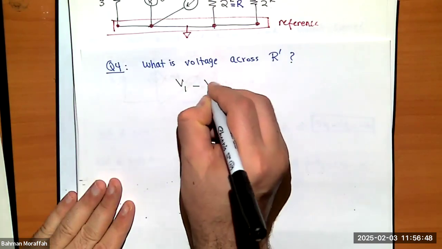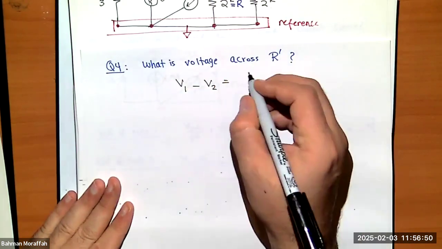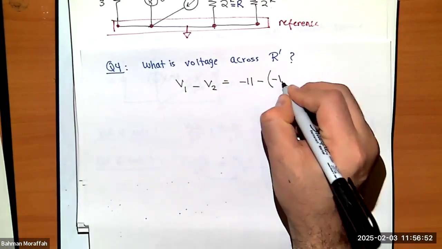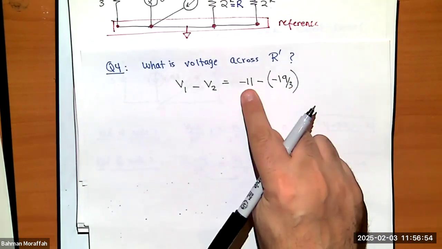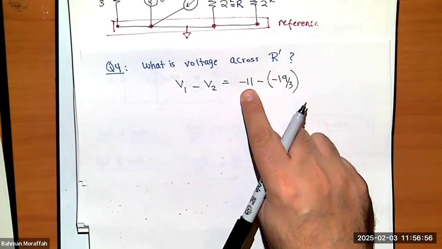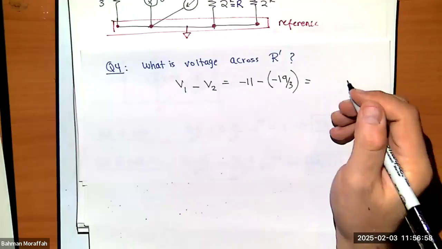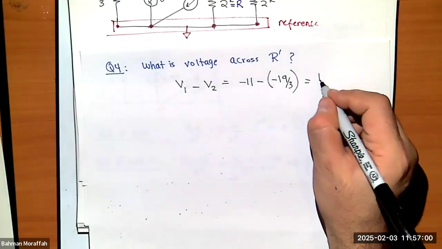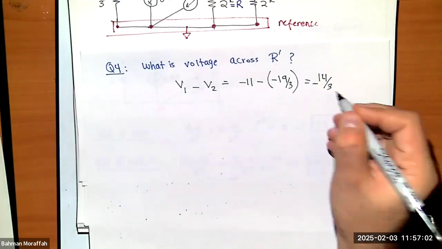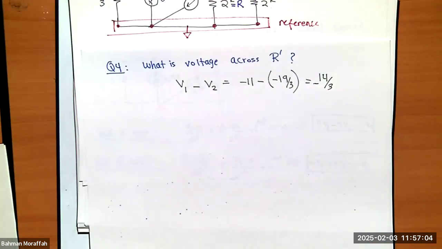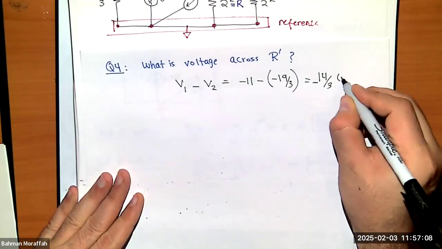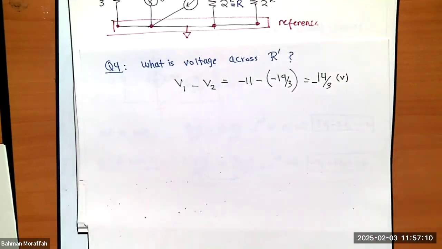It's V1 minus V2, which is minus 11 minus 19 over 3. This is going to be minus 33 over 3 plus 19 over 3, which is 14 over 3 with a negative. There's a negative sign here. Right?